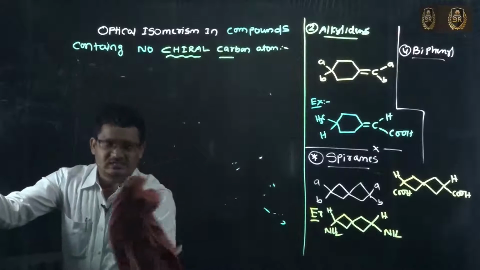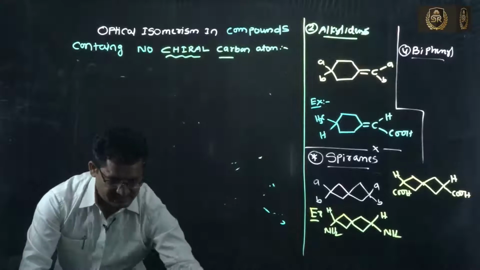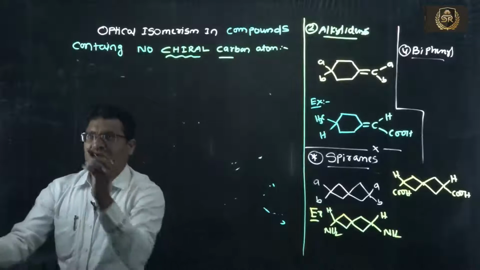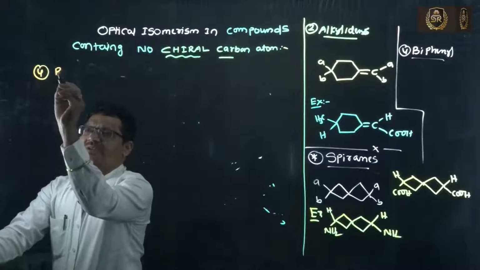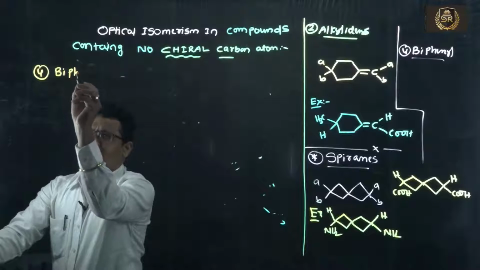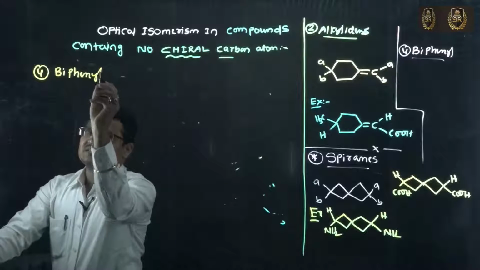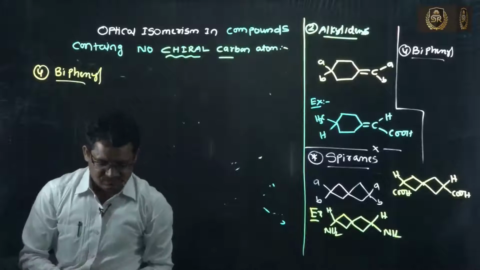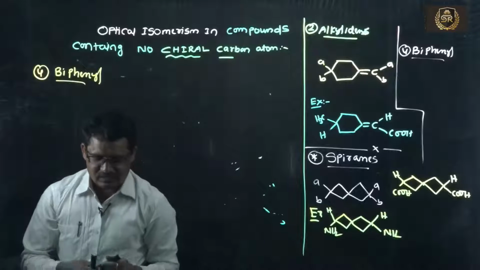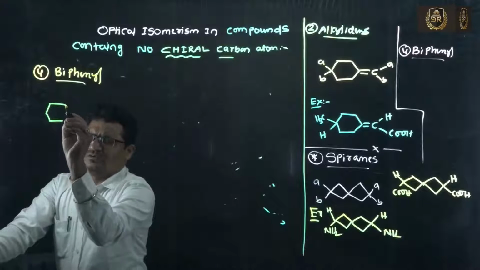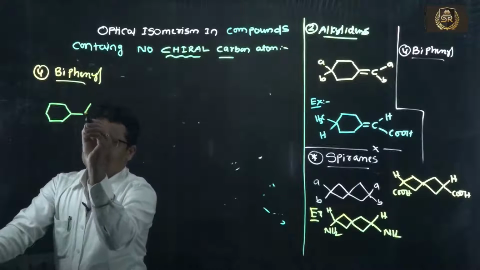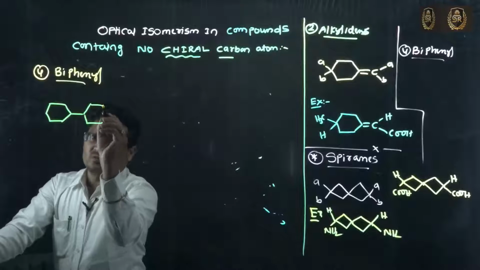So biphenyl, this is the best example of biphenyl. The fourth one is biphenyls. Now for example, this is one of the phenyl groups, and this is another phenyl group.